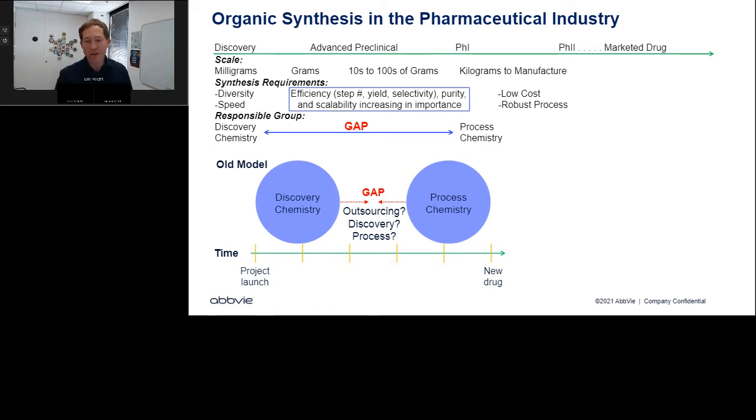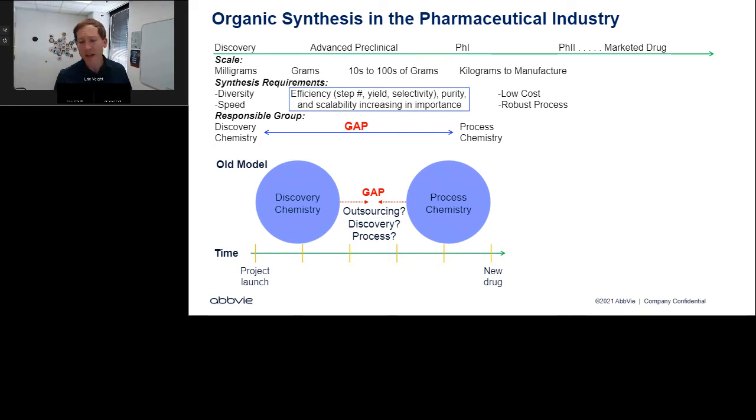Outsourcing is one approach, although that can sometimes be slower than is suitable for the rapidly changing nature of projects at this stage. Certainly discovery chemists can fill this gap and scale up molecules even if that's not the primary role, or process chemists can move earlier and take on molecules that aren't nearly ready for development yet. But there was always some question about who is best suited to fill this gap.